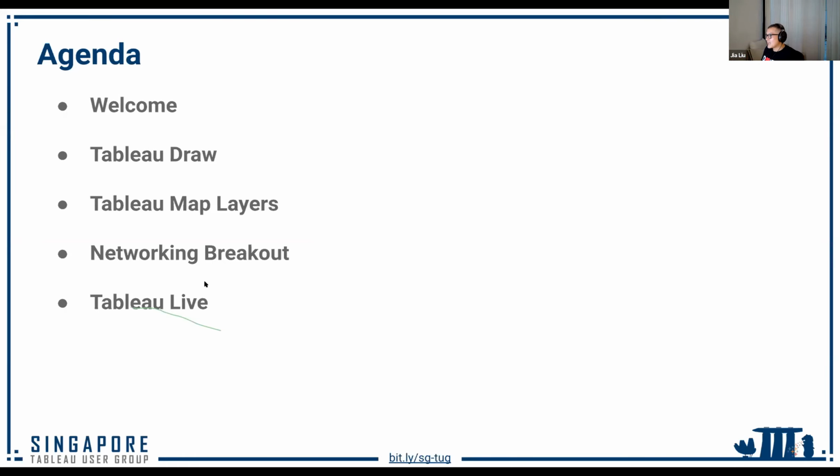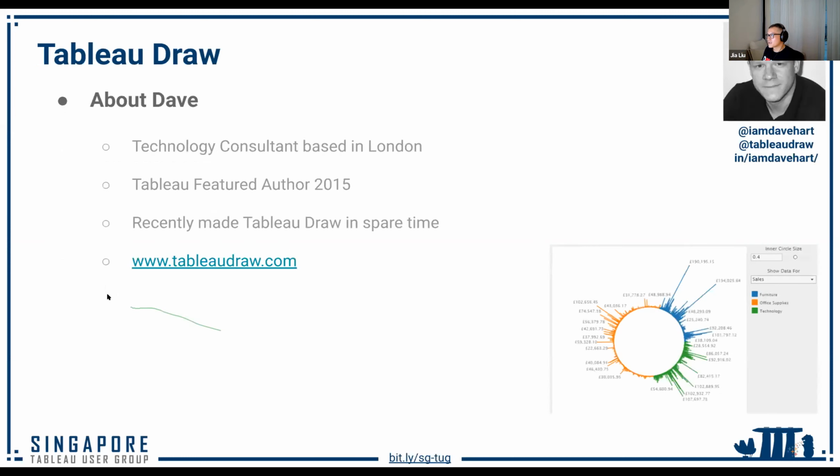I'm going to invite Dave to share a little bit about something that he's built in his spare time called Tableau Draw. Dave is a technology consultant based in London. He is a previous colleague of mine and was a long time ago very active in Tableau and was a featured author.